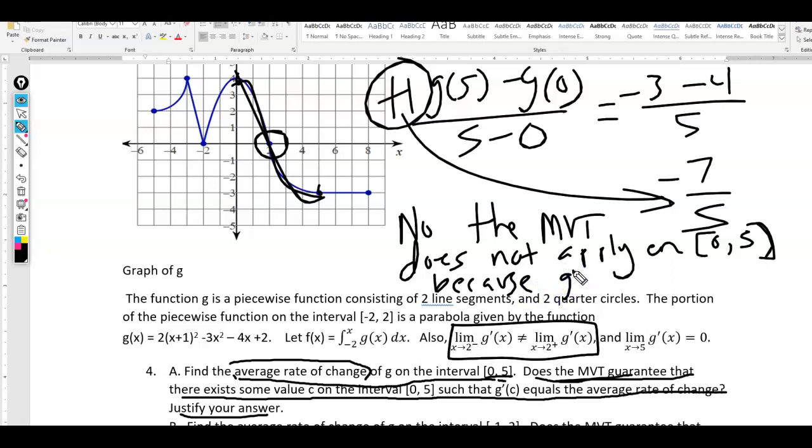Well, to keep it simple, we could say it's not differentiable on that interval.